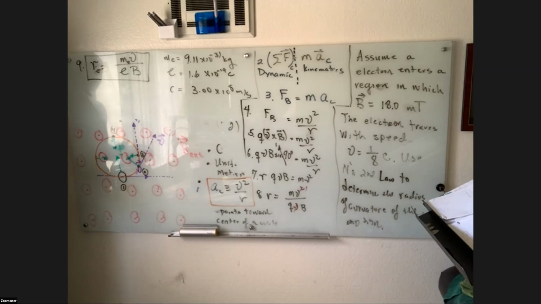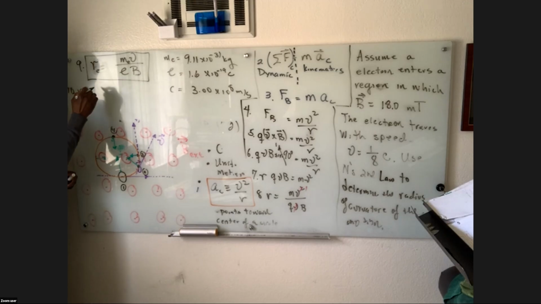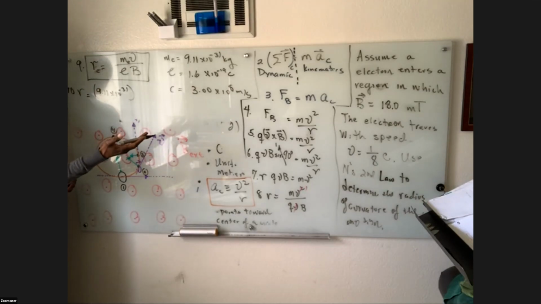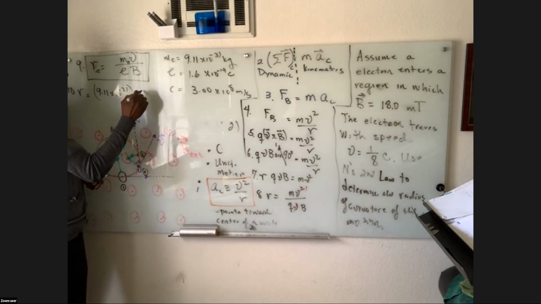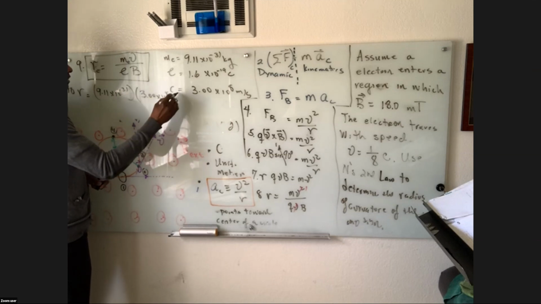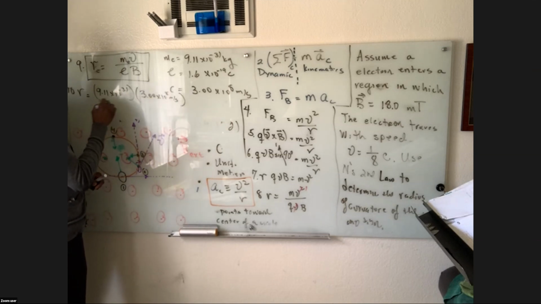So when you put all these values in for this particular problem, you're going to have R equal to 9.11 times 10 to the negative 31. And V is equal to 1/8 C, so that's 3 times 10 to the 8th meters per second, and then I put the 8 in the denominator.